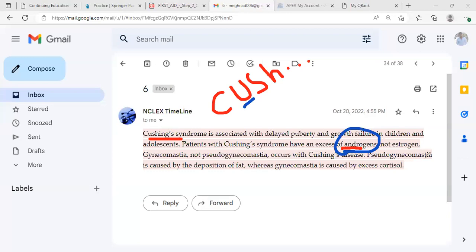And pseudogynecomastia is caused by deposits of fat, whereas gynecomastia is caused by excess cortisol. So with Cushing syndrome, there are a few causes, right? So maybe an endocrine defect or too much steroid hormone for a long time.